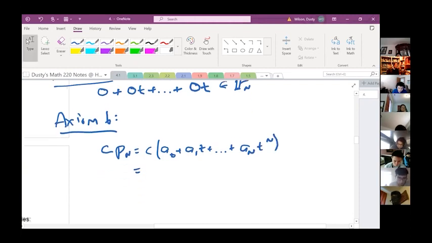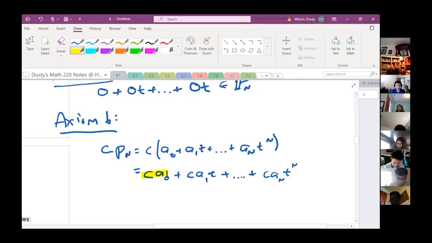And that's going to be equal to C a0 plus C a1 t, we call this c a1, in case you're wondering, plus dot, dot, dot, plus C an t to the n.